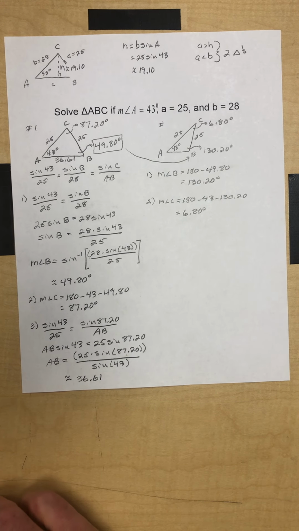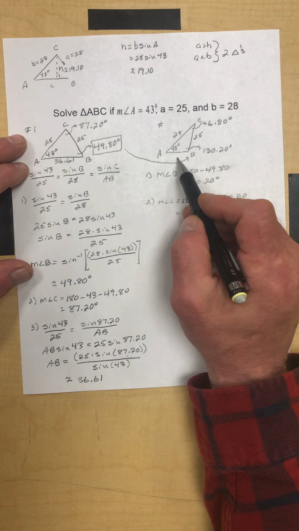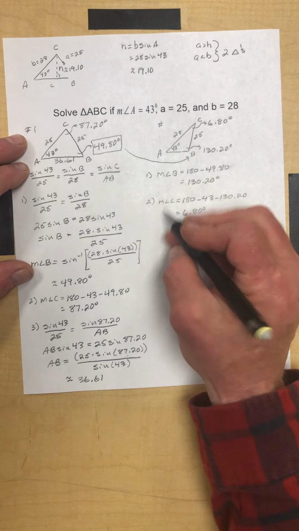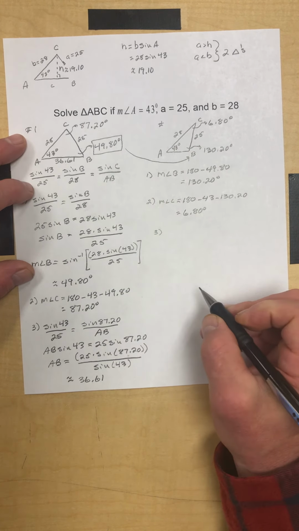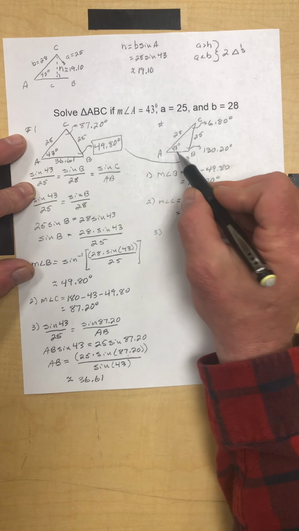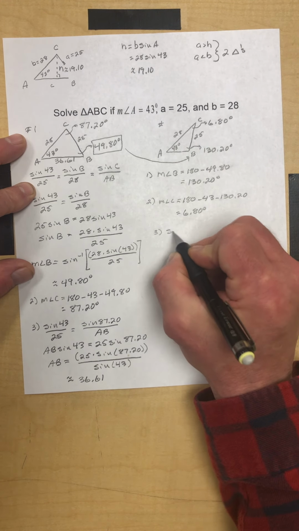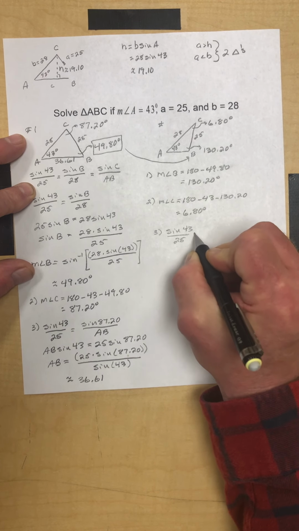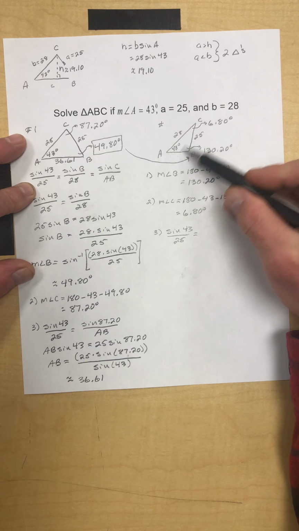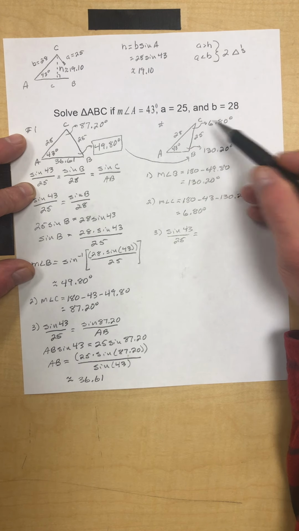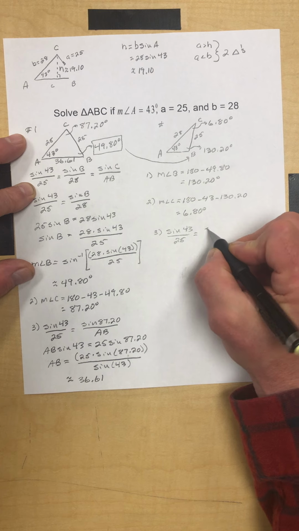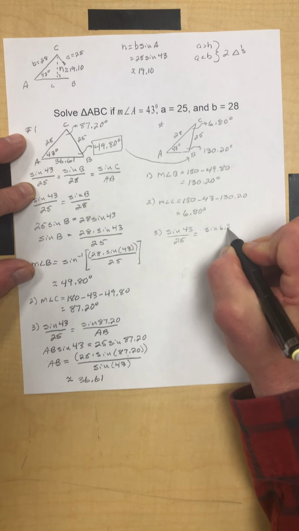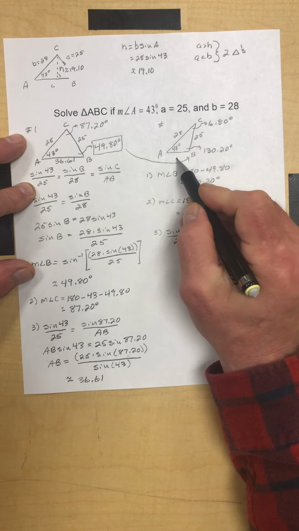Okay, I think we're in good shape here. All right, so the last thing we have to find is this missing third side. I'm going to go back to my cornerstone ratio, the sine of 43 over 25, and set that equal to, I need AB, and that's opposite angle C, so it'd be the sine of angle C, sine of 6.80 all over the missing side length, AB.